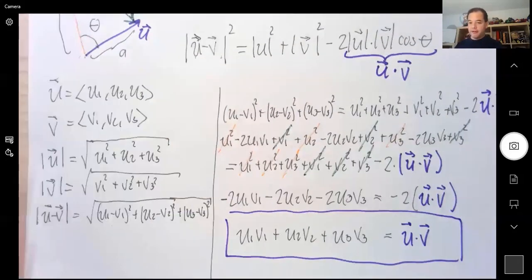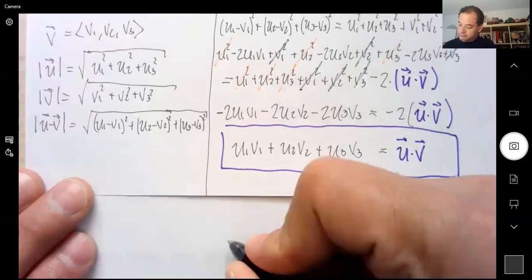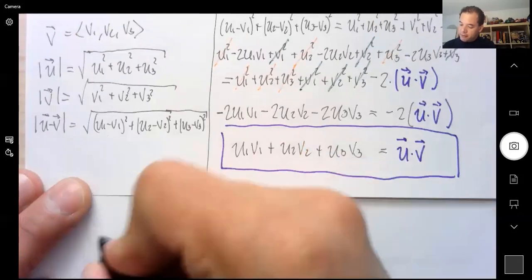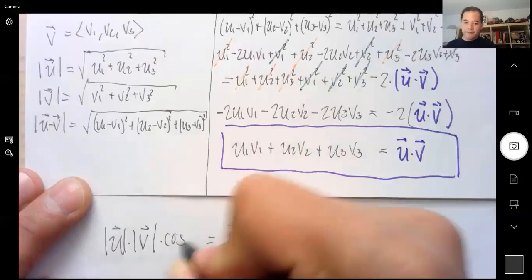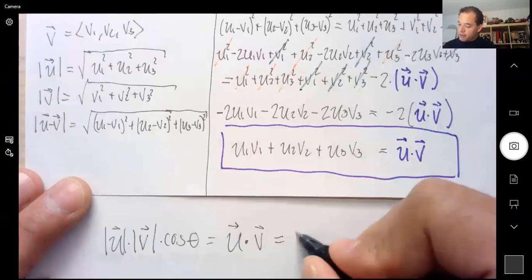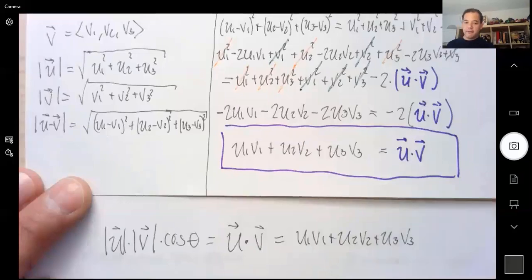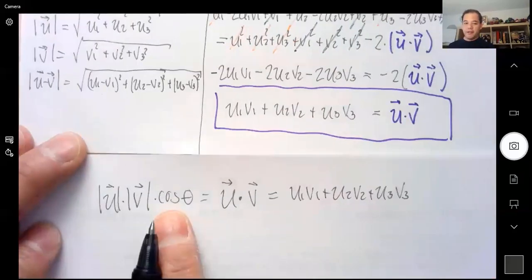So we have the old way of getting the dot product, which is magnitude of u times magnitude of v times cosine of theta. That was the definition. And now our new way is just do u1 v1 plus u2 v2 plus u3 v3. Right? So think about it. Now you can use this to get the cosine. You can simply solve for cosine theta.